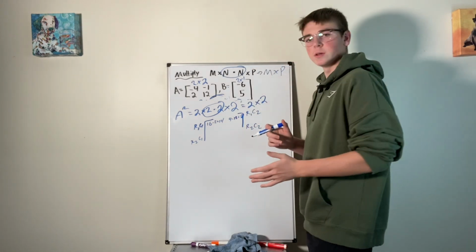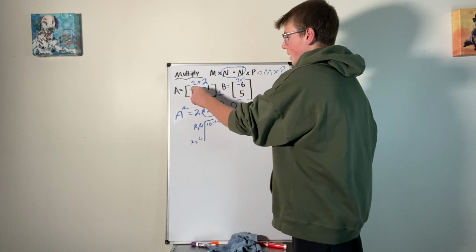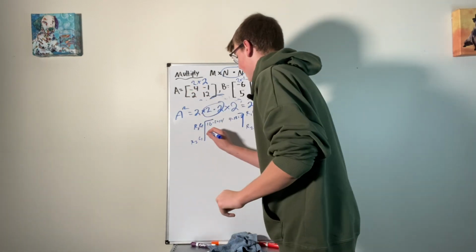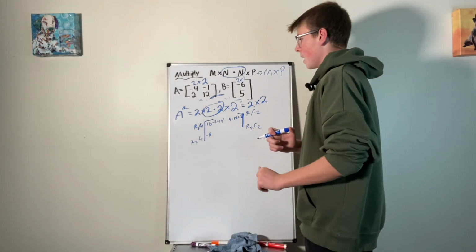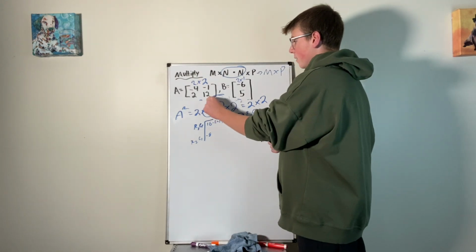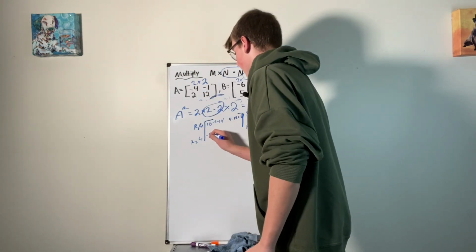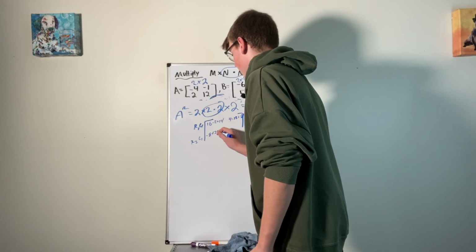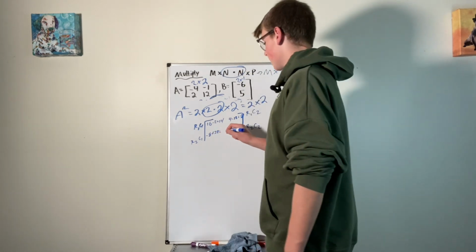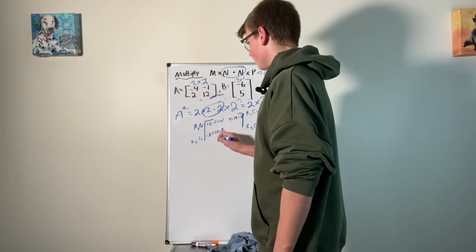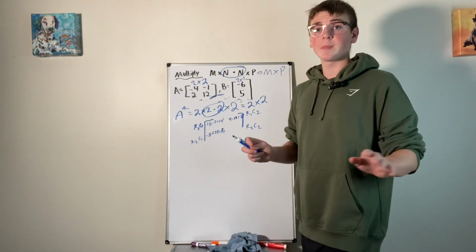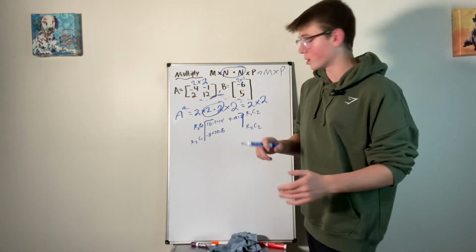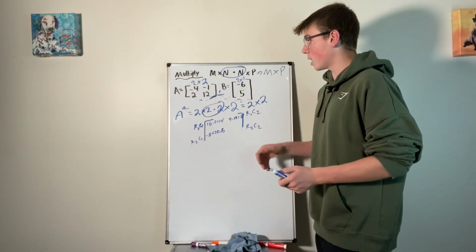Then, if we go row 2, column 1, we have 2 times negative 4, which would be negative 8, I believe. And then we'd have 12 times 2 would give us 24 equals that 16. Yeah, it's weird when you do it with the squares. There's so many ways to make mistakes, and if I made a mistake, I'm sorry. Row 2, column 2.